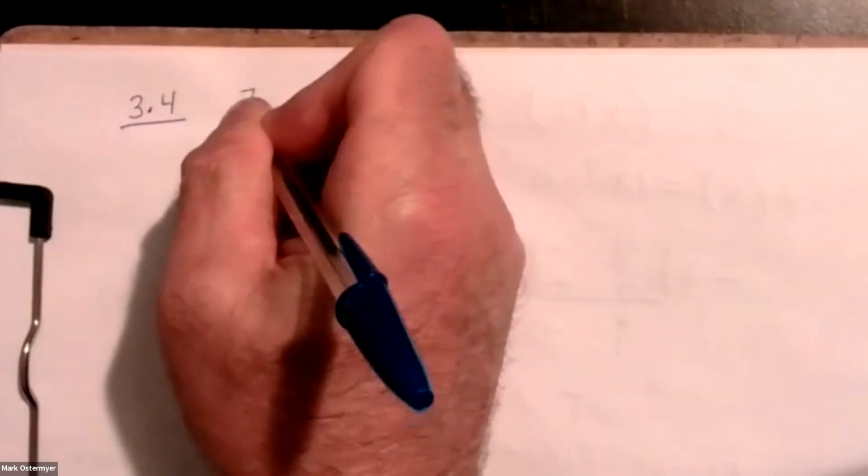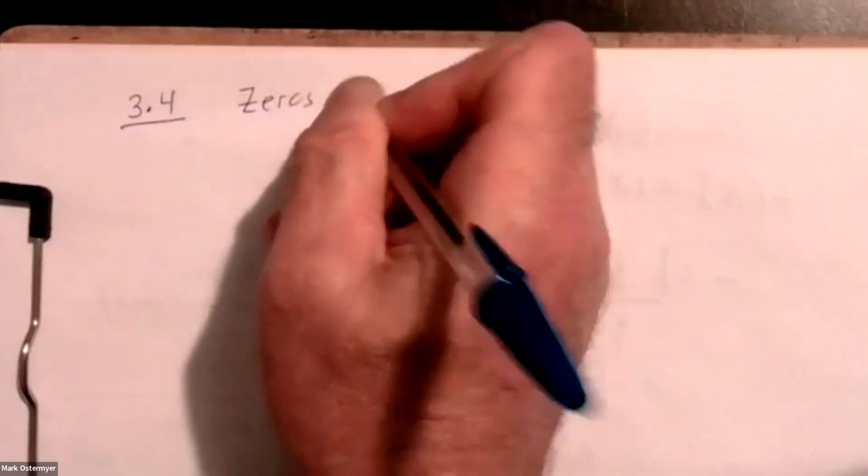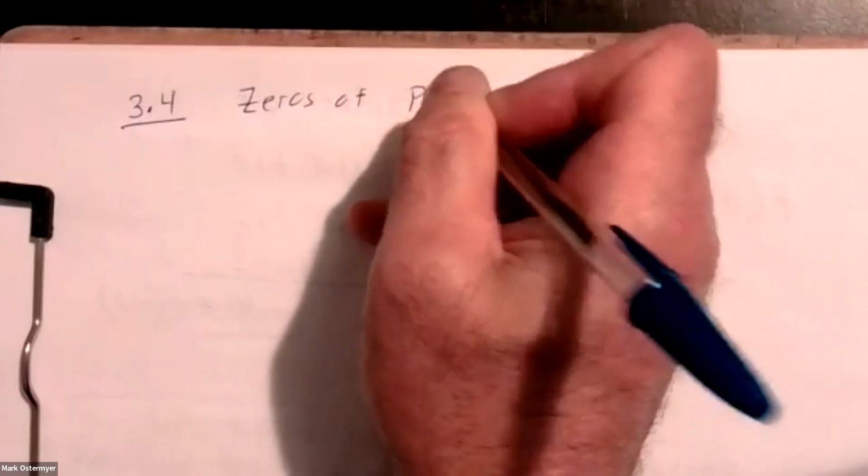Here we go. So we're going to move now into section 3.4. And this is entitled Zeros of Polynomials.